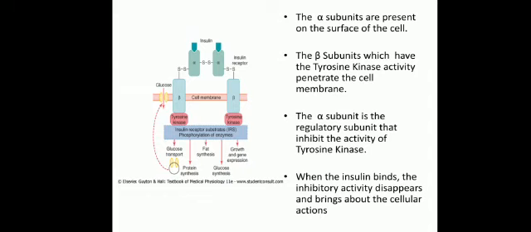The alpha subunit inhibits the activity of tyrosine kinase until insulin comes and binds. The moment insulin, the dark green molecule you can see, binds to the alpha subunit, the inhibitory control of the alpha subunit on the tyrosine kinase activity disappears.